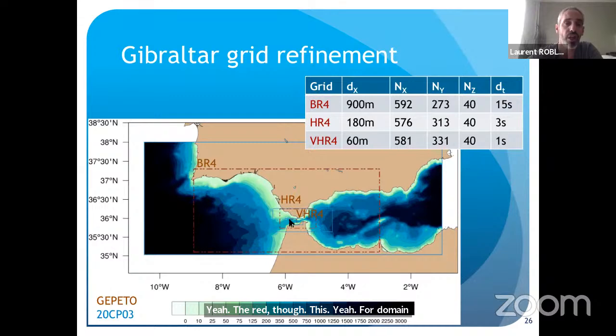And we have two child grids: a high resolution grid featuring all the strait with a resolution of 180 meters, and a second child grid with a very high resolution, located just over the Camarinal Sill. You have the grid resolution there, and the number of points and the time step associated to the grids.